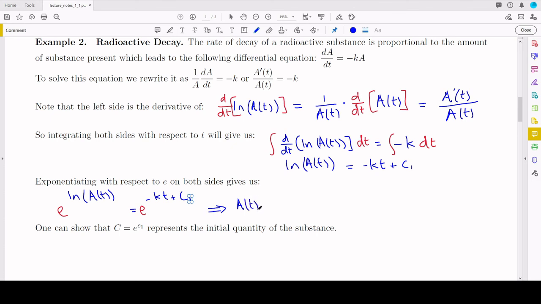So we have A of t, and on the right, I'm going to write this as e to the power c1 times e to the power negative kt. And what I'm using there is a rule for exponents, that e to the power a plus b is e to the power a times e to the power b.